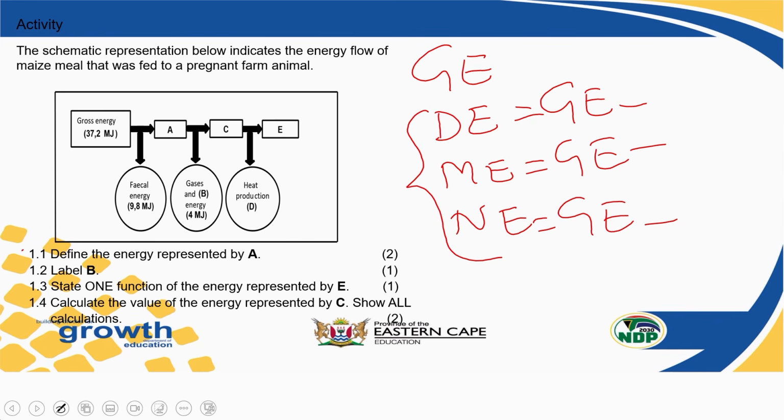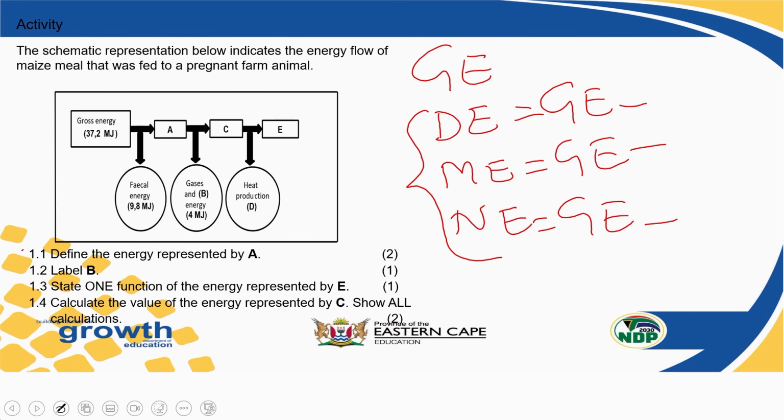So define the energy represented by A. After gross energy, we have digestible energy. Why? We are looking at the energy loss, which is fecal. So obviously, digestible energy is the energy lost through feces.